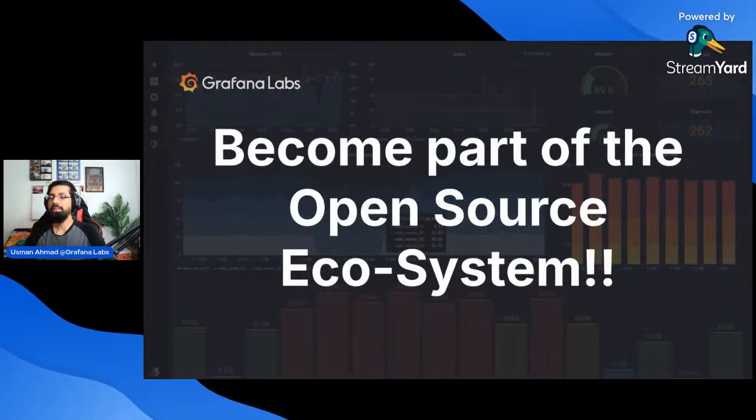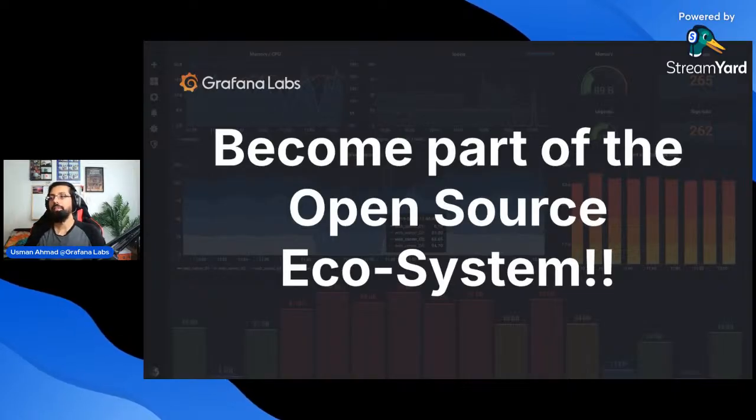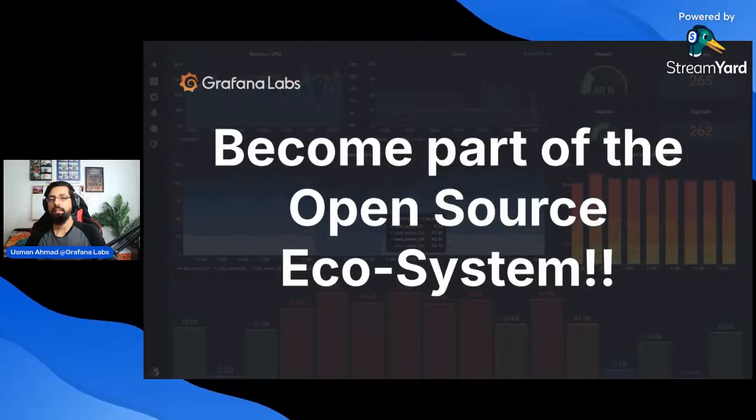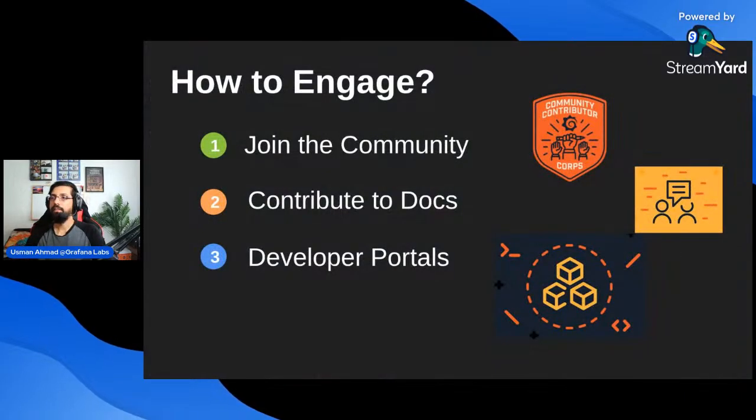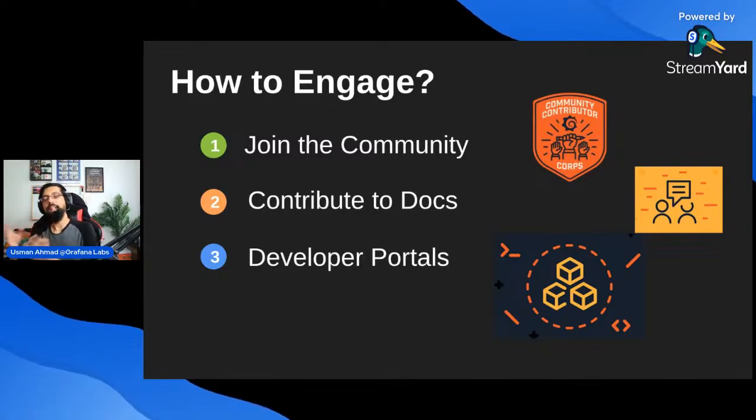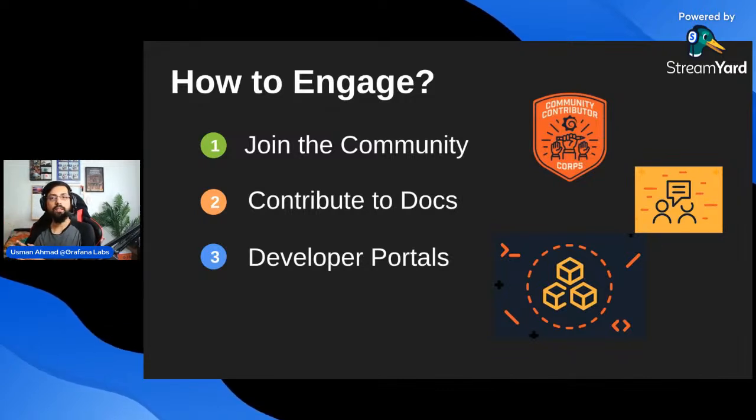Perfect. The last part is how to become part of this open source ecosystem and help both Grafana and CNCF. One way is definitely to join our community and contribute to the documentation. We have documentation for Kubernetes, so if you feel something has changed or can be improved, we welcome that.